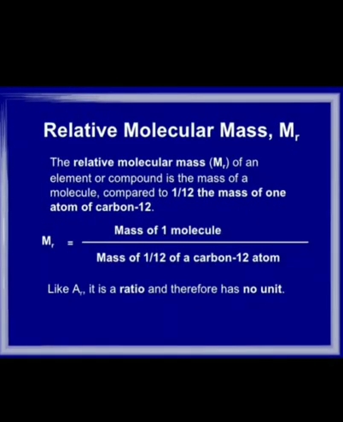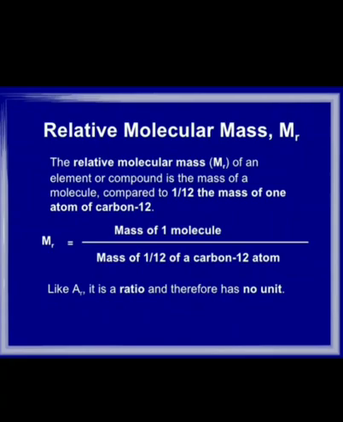Next we discuss what is relative molecular mass, denoted RMM, relative molecular mass or molecular weight. The relative molecular mass of an element or compound is the number of times one molecule of the substance is heavier than 1 by 12th the mass of an atom of carbon 12. That means RMM is equal to the mass of one molecule of the substance divided by 1 by 12th the mass of one atom of carbon 12.